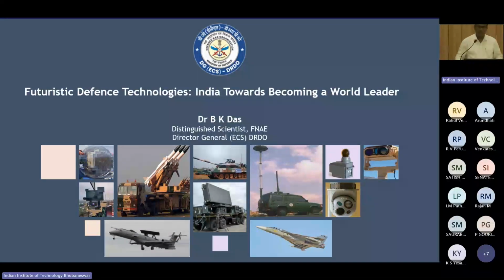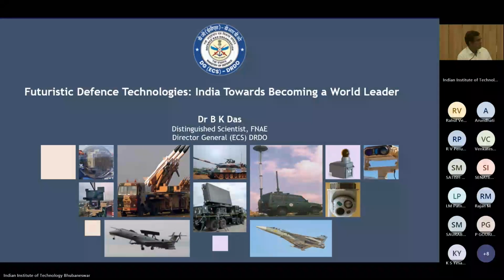Very good afternoon to all of you. Distinguished dignitaries on the dais and off the dais. Today's attraction, the keynote speaker, the Director General of ECS Cluster DRDO, one of the distinguished scientists of this country, Dr. Vinay Kumar Das. Professor Damodar Acharya, the ex-director of IIT Kharagpur and the chairman of INAE Bhubaneswar chapter.